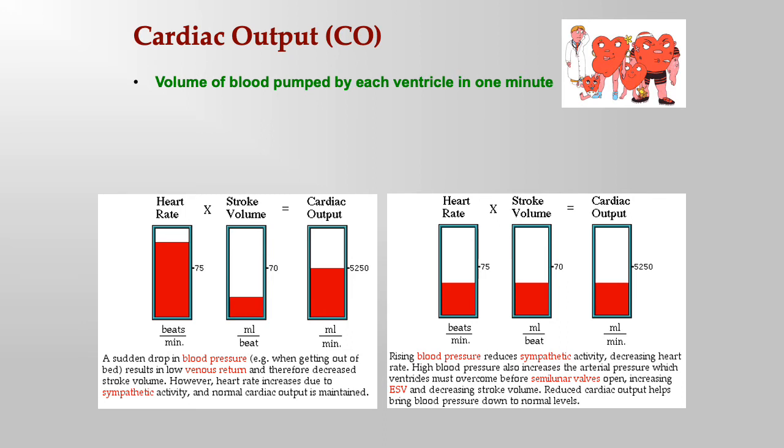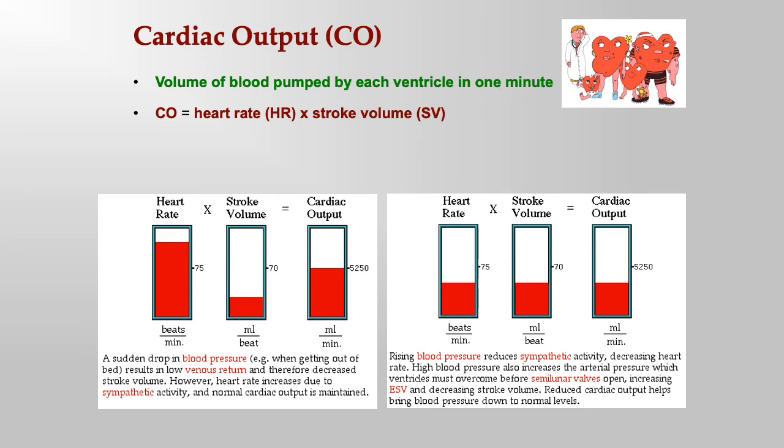So how much blood, remember you got a heart rate of 75 beats per minute. So after 1 minute, your ventricle will have beat roughly 75 times. So all 75 of those will have moved out a total amount of blood. So how much blood does each ventricle pump in 1 minute? That's called your cardiac output, okay?